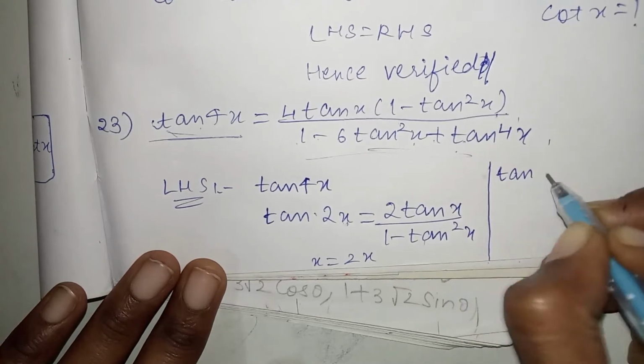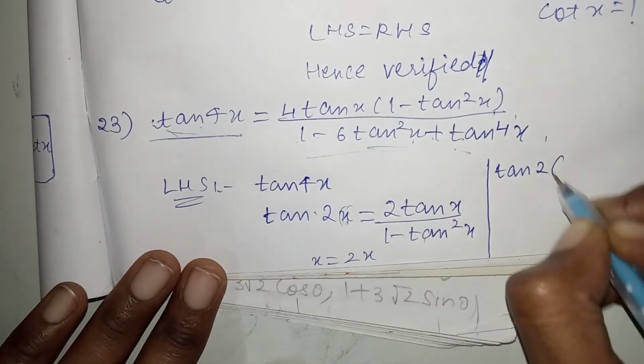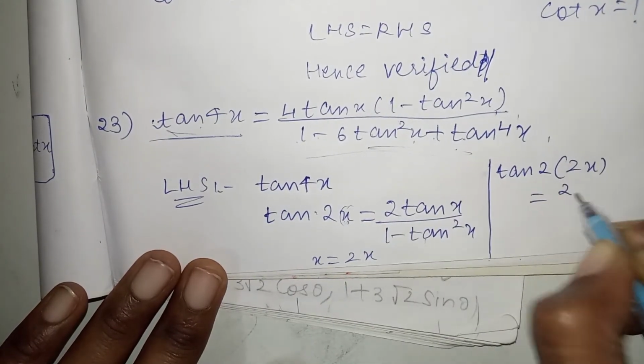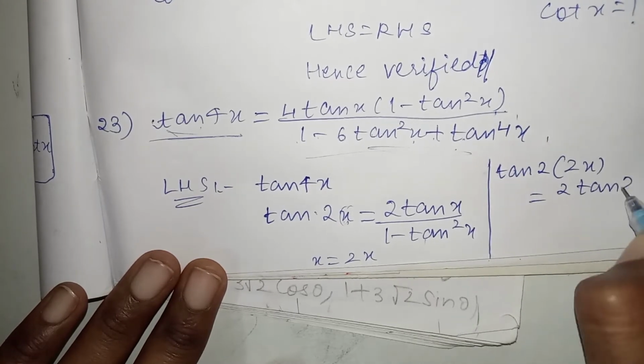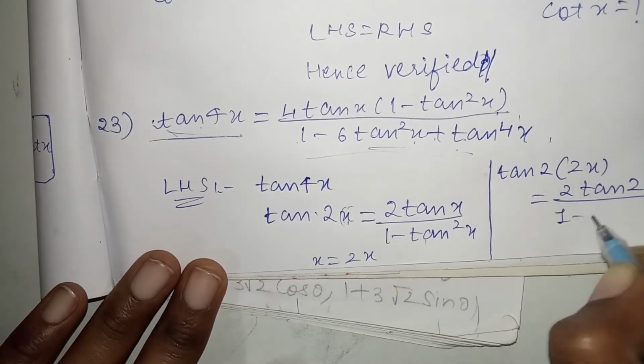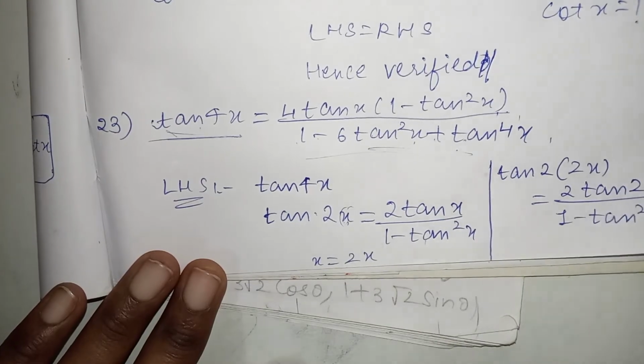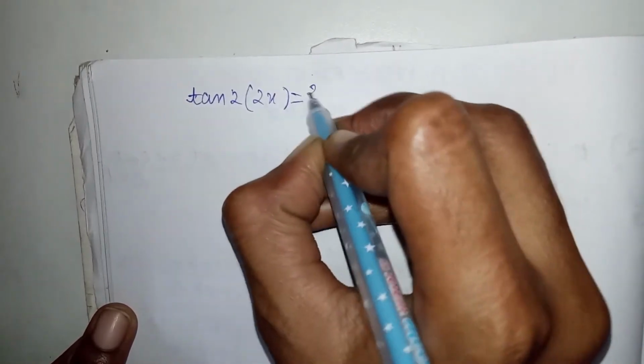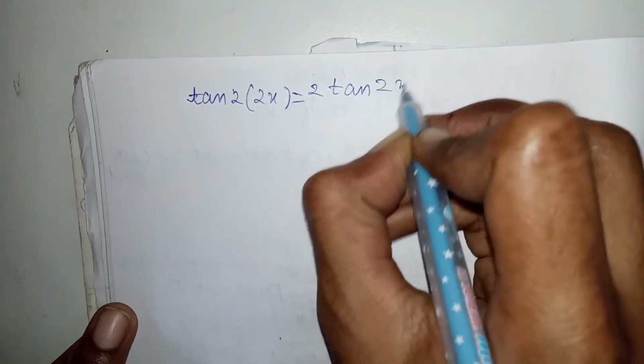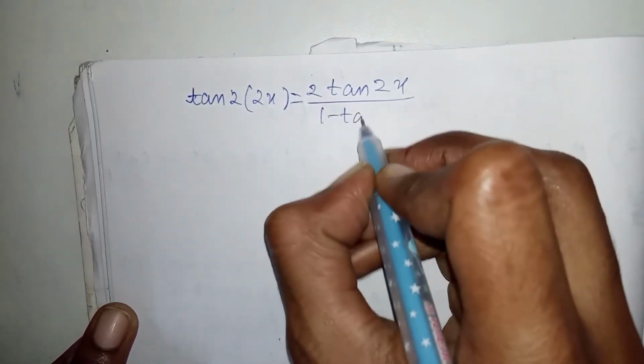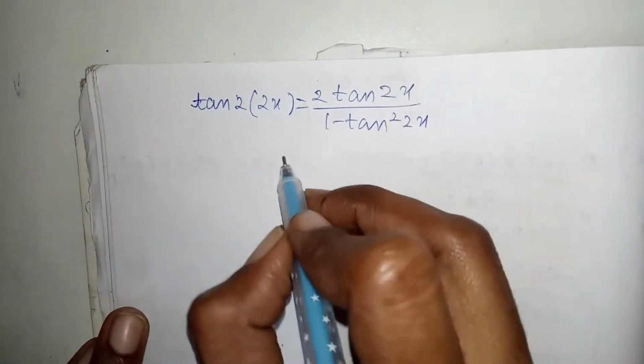Then tan, in place of x you have to keep 2x, so 2 tan 2x by 1 minus tan square 2x. So then tan 4x, which is tan of 2 times 2x, is 2 tan 2x by 1 minus tan square 2x. Till here I wrote, right? So what do I have to do next?